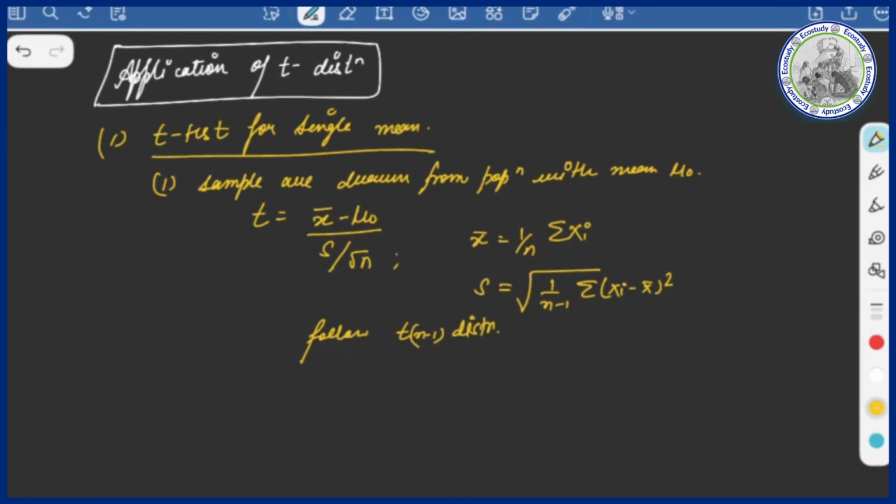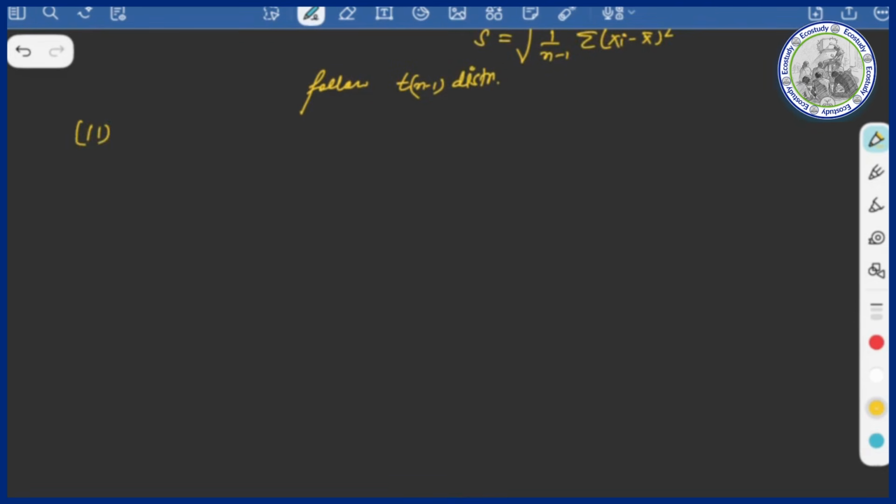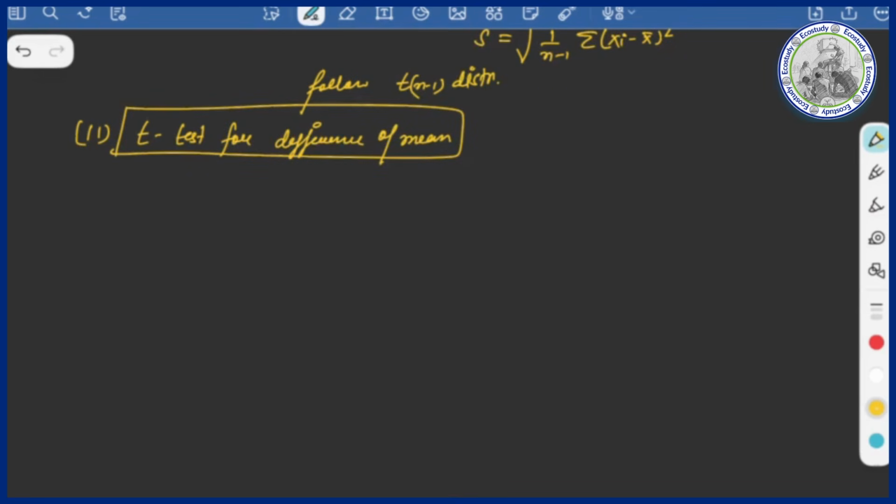Now the second is the t-test for the difference of means. Suppose we have two independent samples, x1 and so on, and y1 and so on. So the null hypothesis is that the samples have been drawn from normal populations with means mu x and mu y.